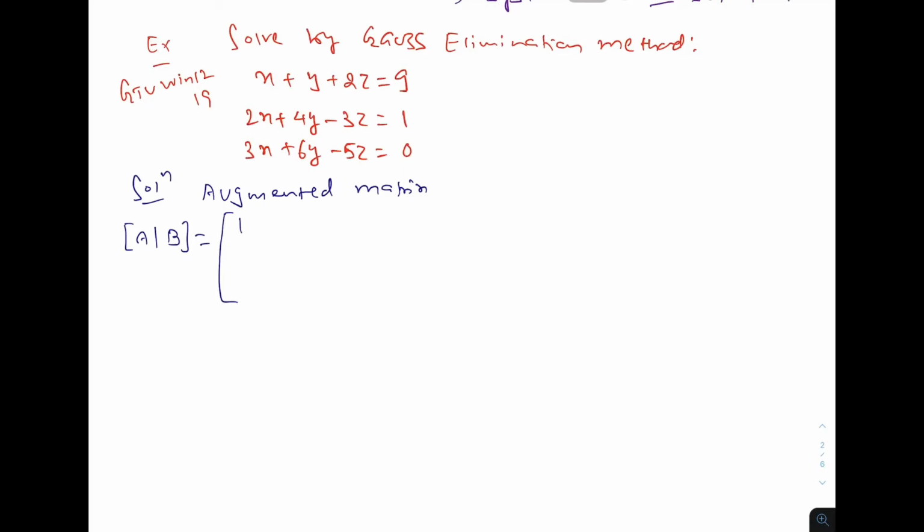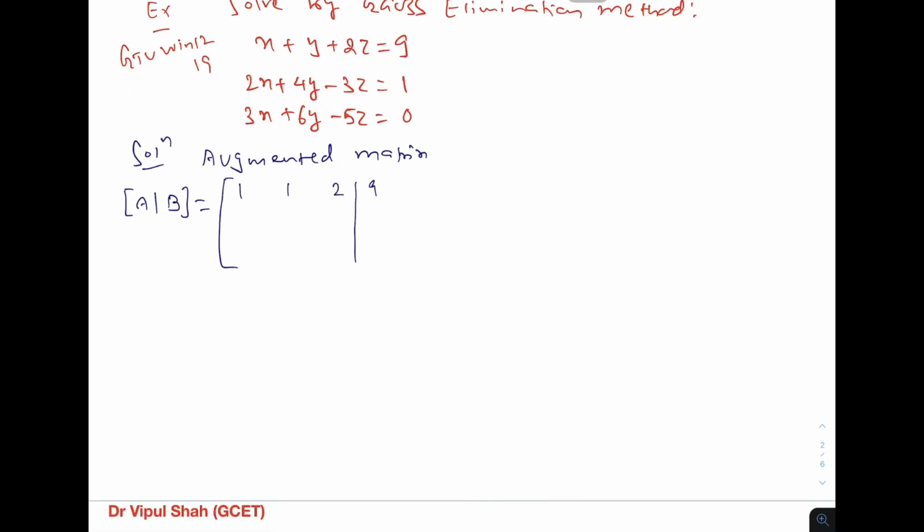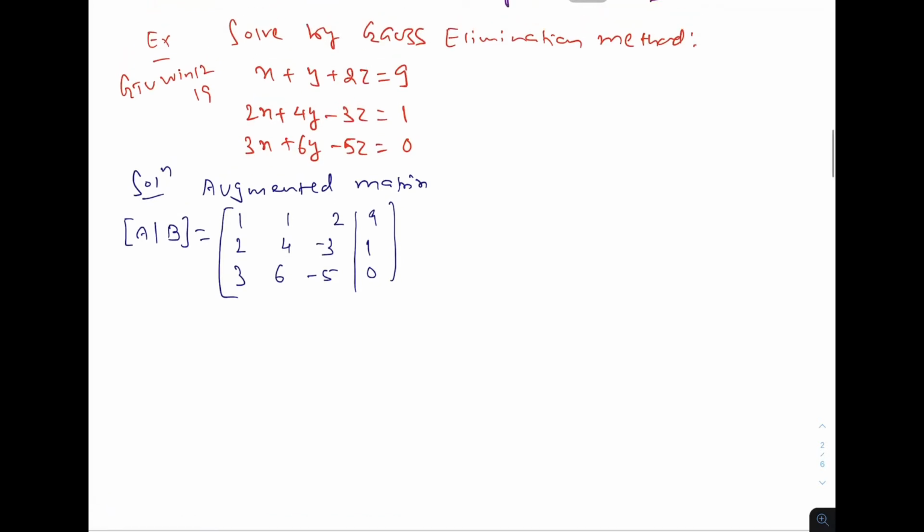So this is 1, 1, 2, and now we are augmenting the column matrix B, so we write 9 here. Then 2, 4, minus 3, 1, the second equation. And the third equation 3, 6, minus 5 and 0. Now we try to convert into the row echelon form.